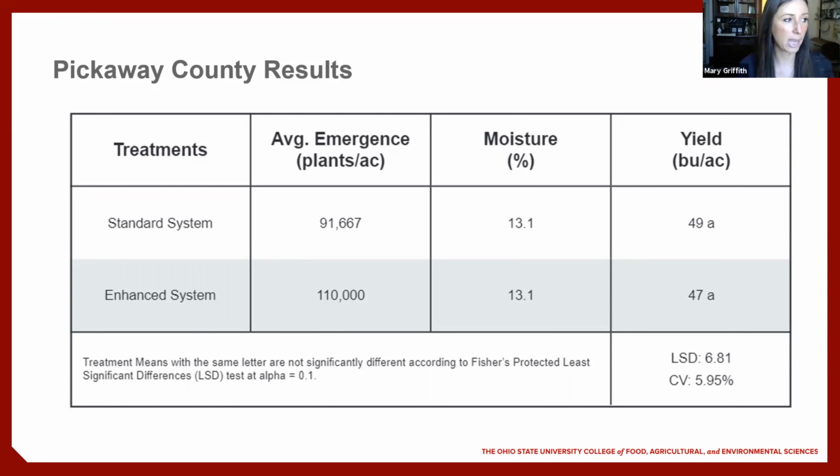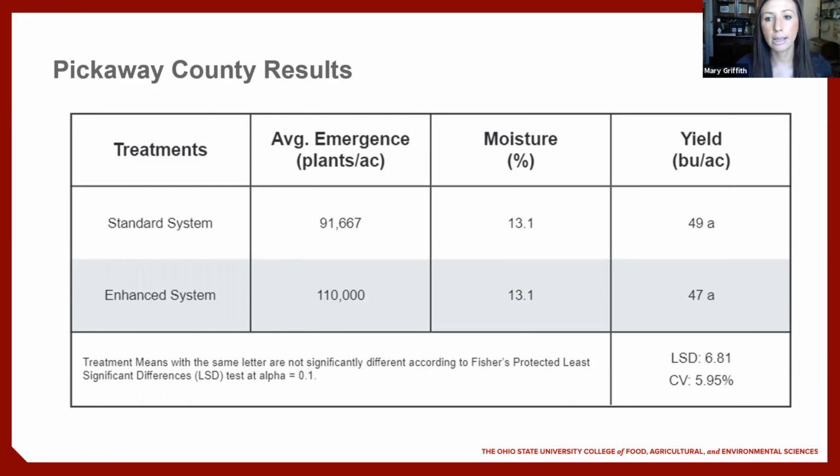So the hard frosts in May really messed up our early planted soybeans in the enhanced system, and then the dry growing conditions only added stress. So our enhanced system beans were struggling a little bit. Even the standard system was, because of the drought stress. But the added struggle of the frost really hit the enhanced system.